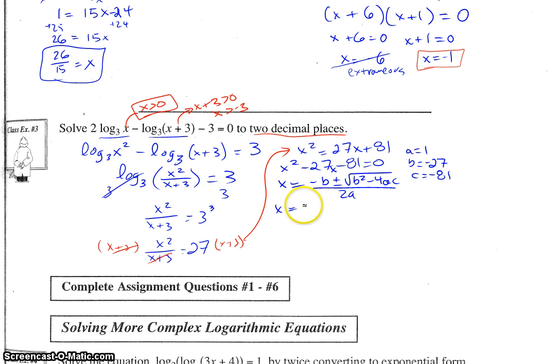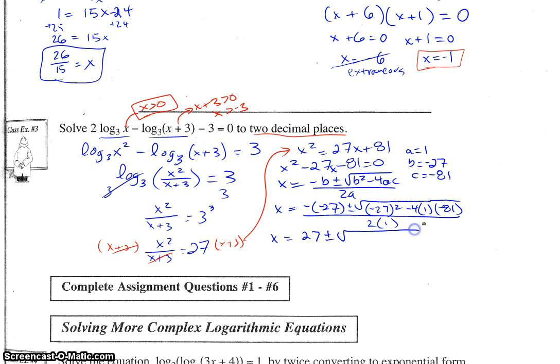So let's put that in: -27 plus or minus the root of -27 squared minus 4 times a times c, all over 2 times a. Let's simplify that: 27 plus or minus, and we'll get a number for what's underneath that square root. You would have gotten 1053.